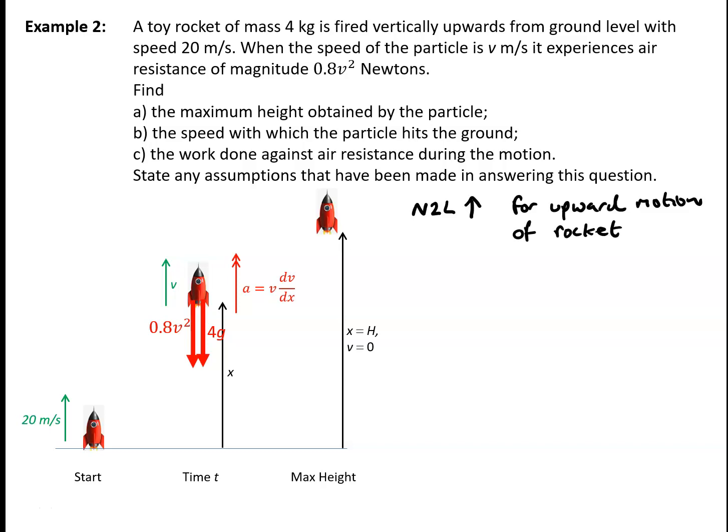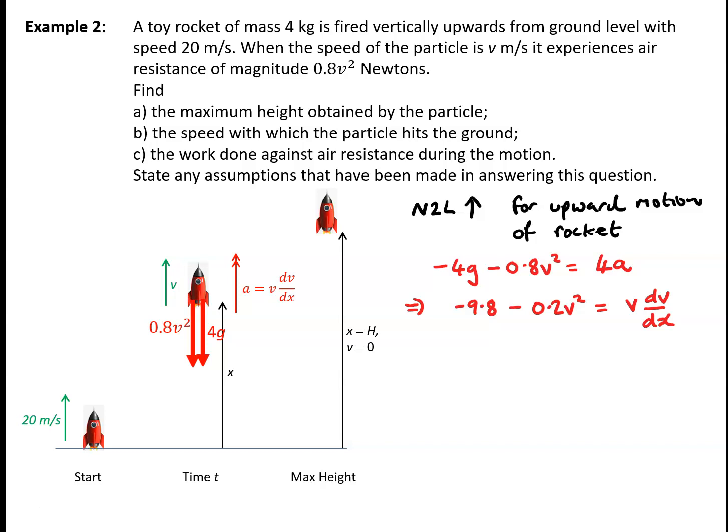Applying Newton's second law upwards for this upward motion of the rocket, we've got minus 4g minus 0.8 v squared equals 4a. Dividing through by 4 is going to give me minus 0.8 minus 0.2 v squared equals v dv by dx. That's just the acceleration term.